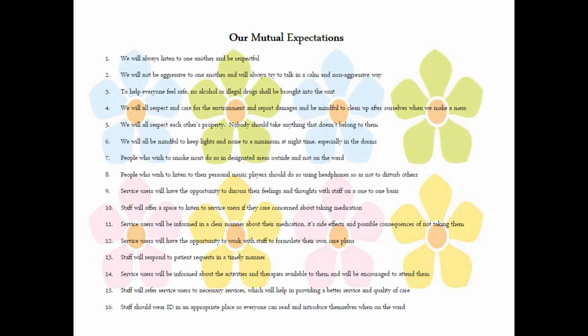There's one line on there that if I was a patient I could read as a potential threat. I doubt if the people who wrote it noticed it really, but I'm looking at 11. If I'm a patient, I'm being told I will be informed very clearly about the consequences of not taking my medication. I'm sure the people who wrote it meant the consequences in terms of patients being more ill and it taking longer for them to be discharged.